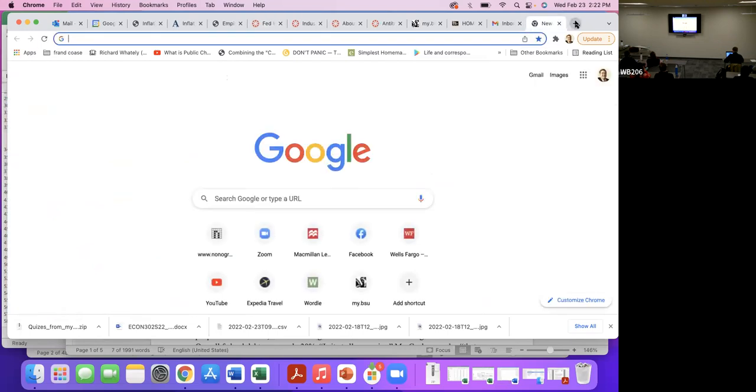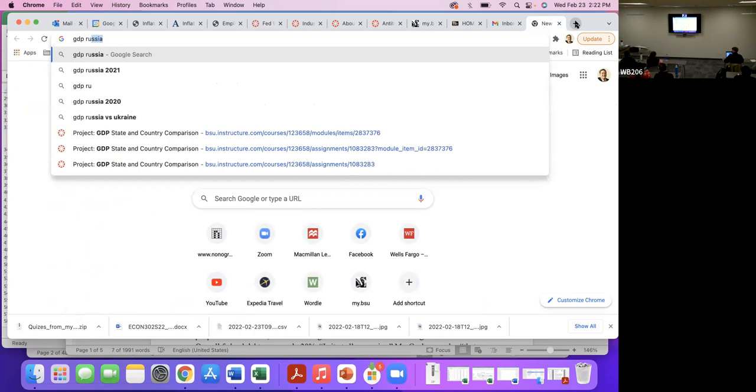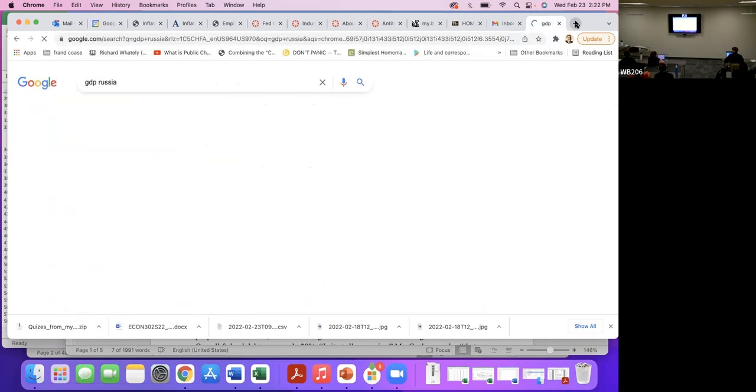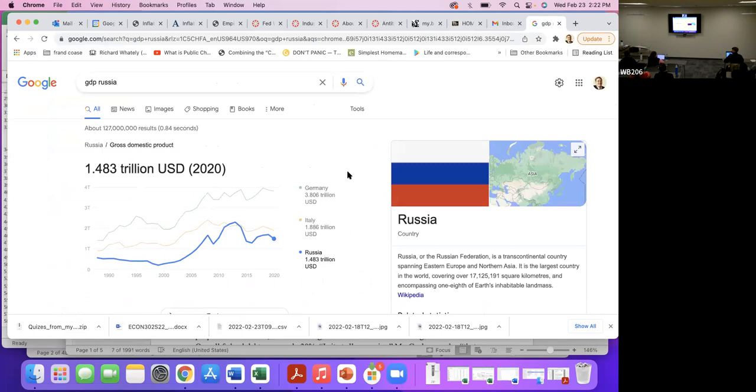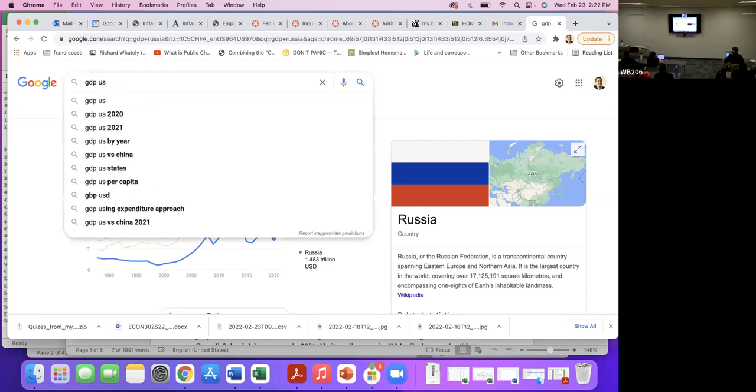Other similar thoughts. Right, we've got Russia and the Ukraine in tension, right? What's the GDP of Russia? 1.43 trillion. What's the GDP of the United States? We should have a feel for that by now. Is it 20.94 trillion?